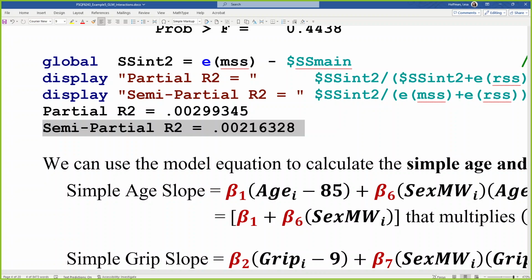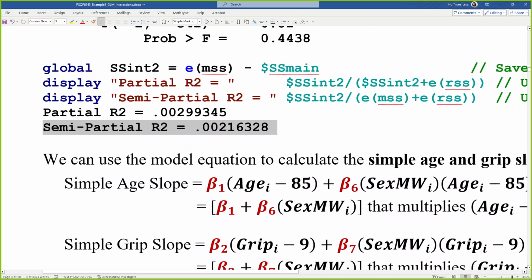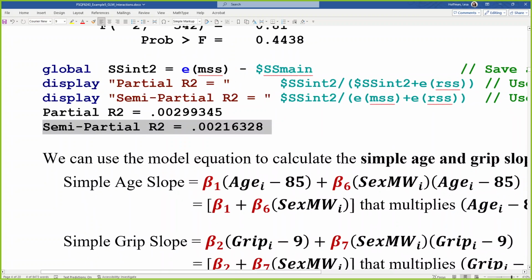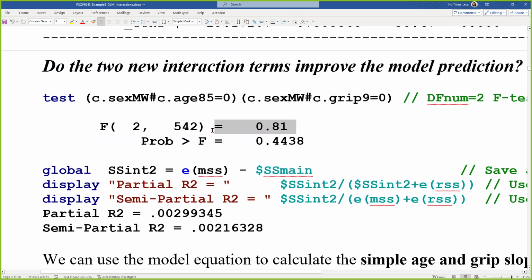Well, I can take the previous model R square and compare it to this one, and this is the difference. So in your homework 5, I asked for change in R square because that is easier to compute. It's more direct, but that is semi-partial eta square. That is the same thing. So putting this all together, as a set, these 2 new interaction terms added 0.002 to the R square, which is not significant.